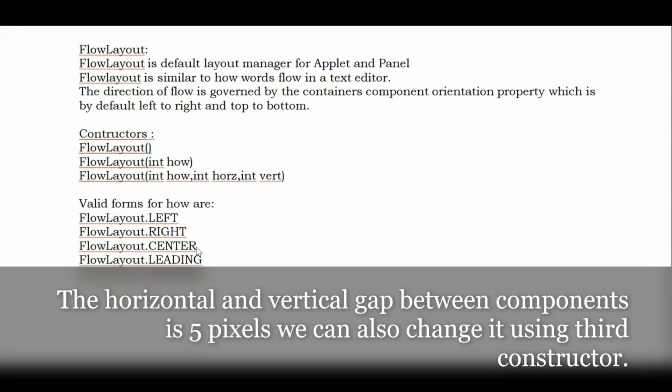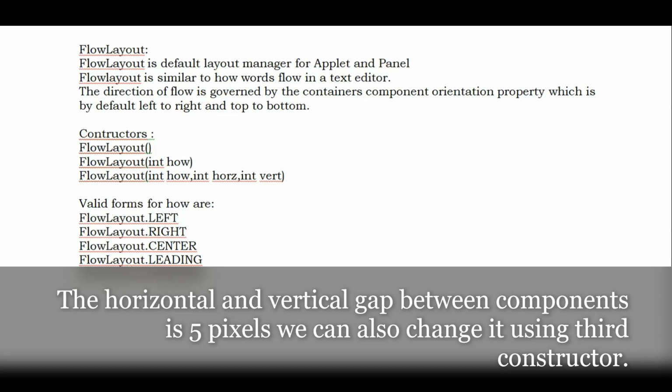And the next one is FlowLayout.CENTER. This value indicates that each row of components should be centered. And the next one is FlowLayout.LEADING. This value indicates that each row of components should be justified to the leading edge of the container's orientation. So say for example, the container's orientation is left to right, then leading indicates that it is left.